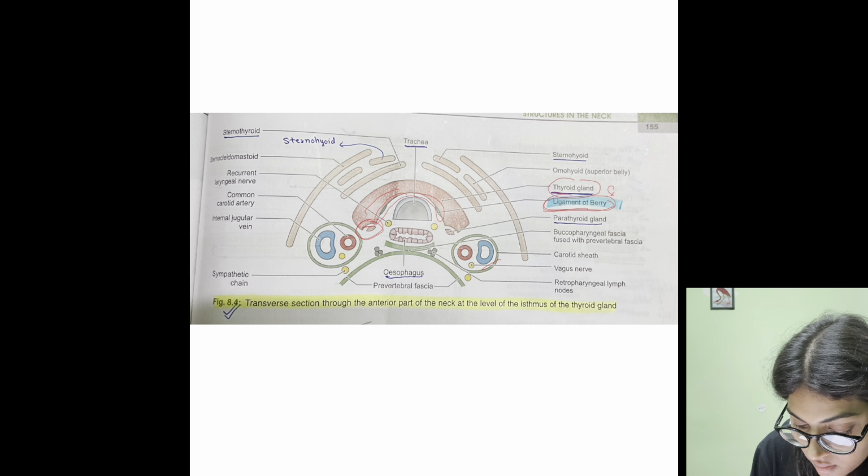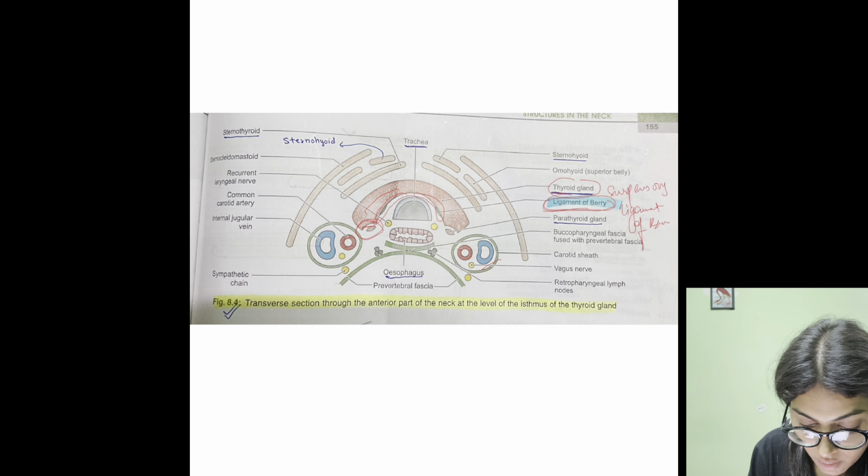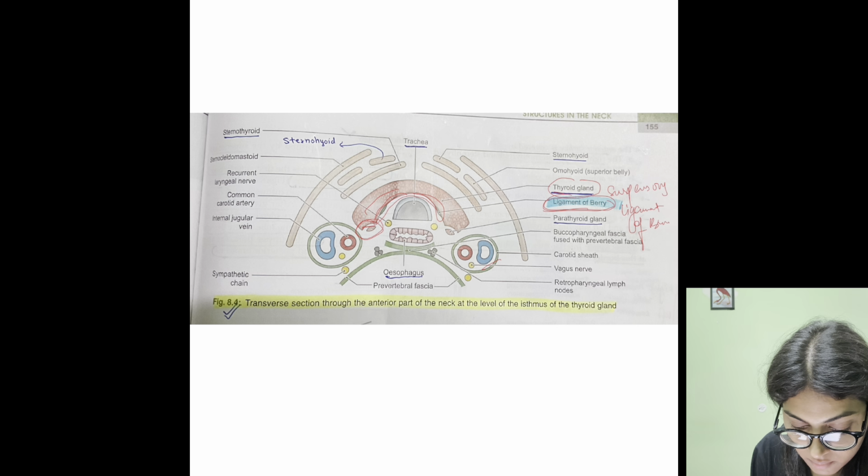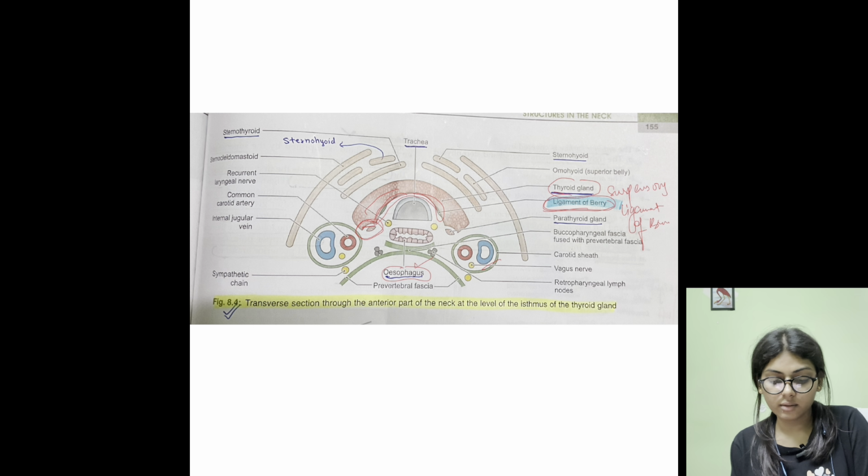This is the suspensory ligament of Berry. And if we see in the diagram the back side of the thyroid gland, we have two tubes: first is our esophagus and second is the trachea.